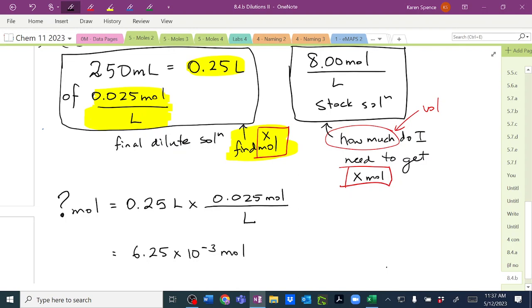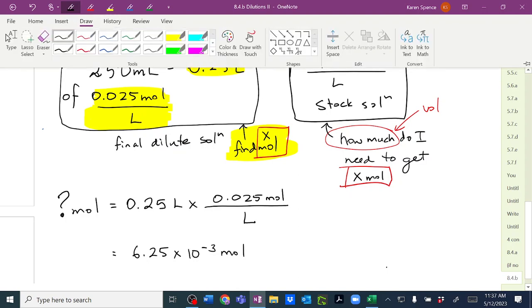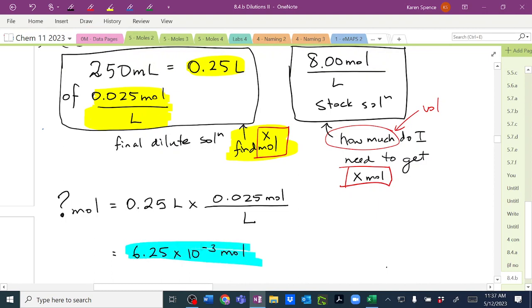If I know the number of moles, and I know the concentration of the stock solution, can I find the volume of the stock solution?